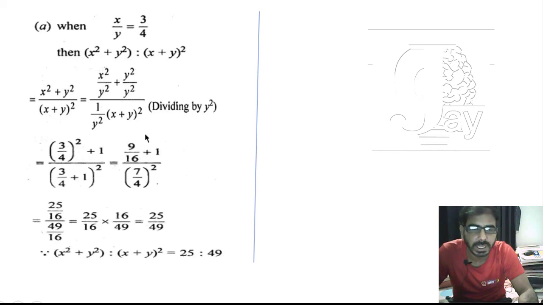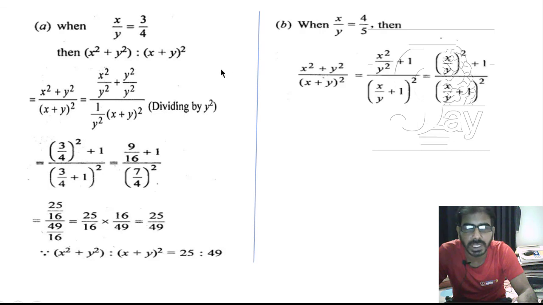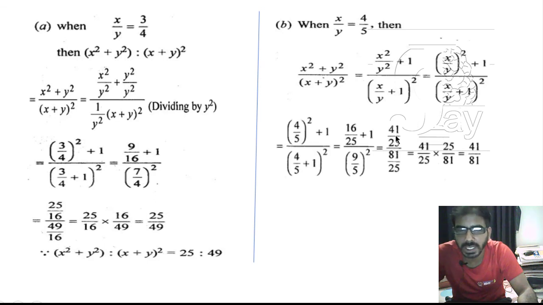So when we substitute the value of x by y, that is 3 by 4, in the given relation, we get the ratio equals 25:49. Similarly, when we take the second value, x by y equals 4 by 5, and we use the same way, we find x square plus y square is to x plus y whole square equals 41 by 81, or 41:81.